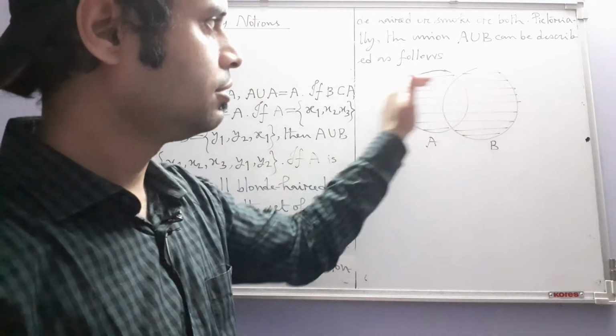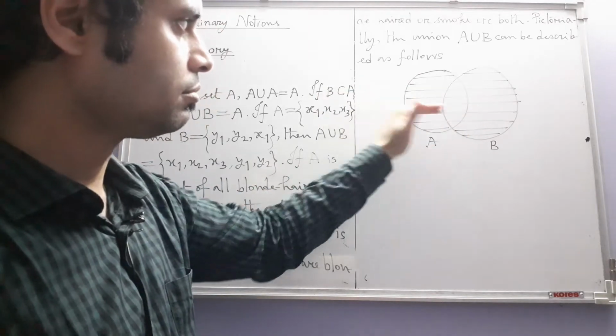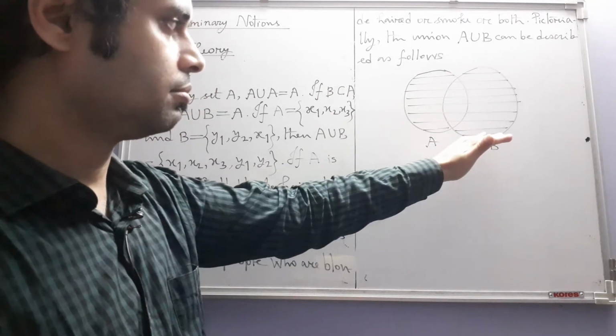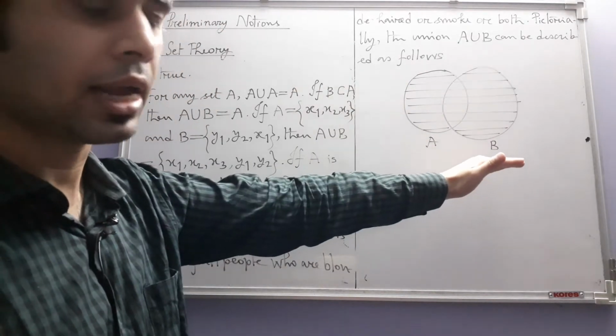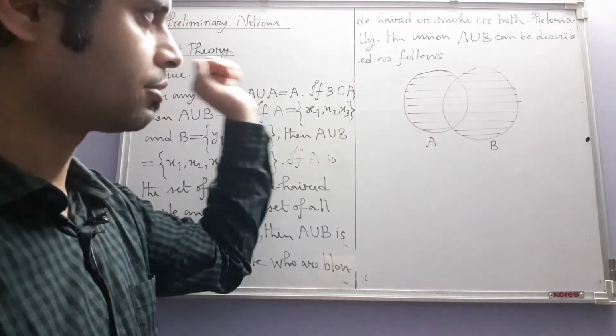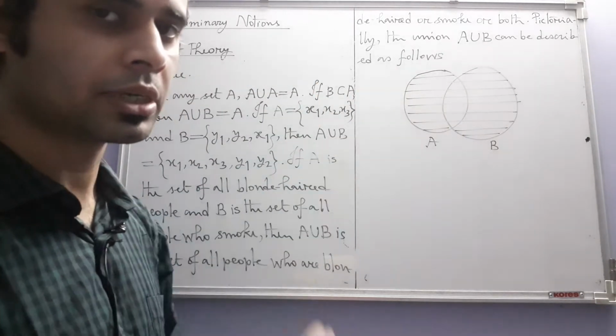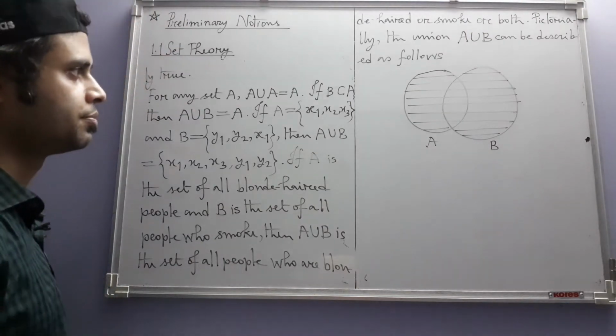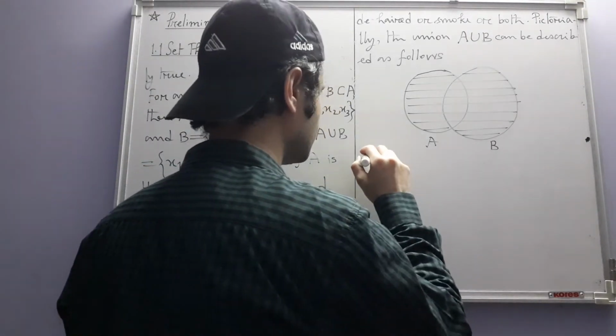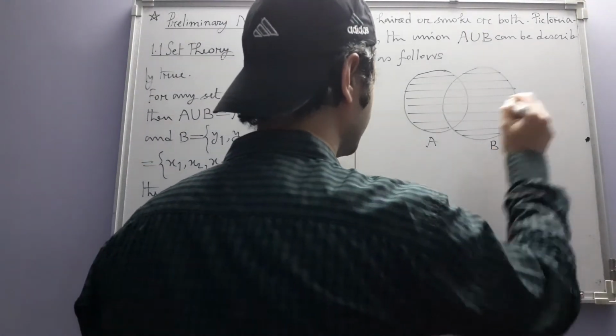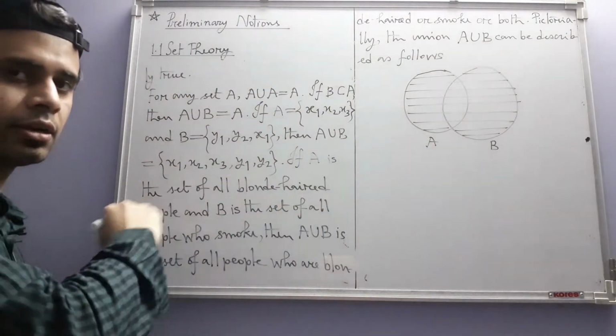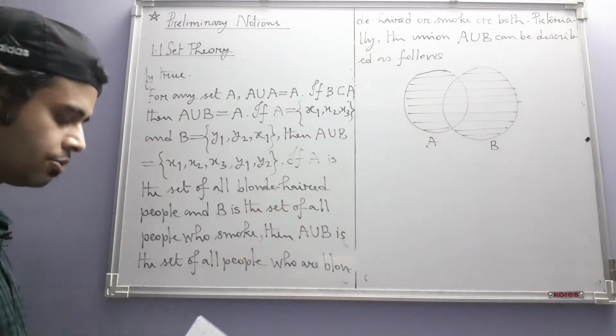So that's why we have drawn horizontal lines to denote the fact, to cover all such elements or to represent all such elements. Okay, I'm not going to write all these things. The circle on the left denotes those things.